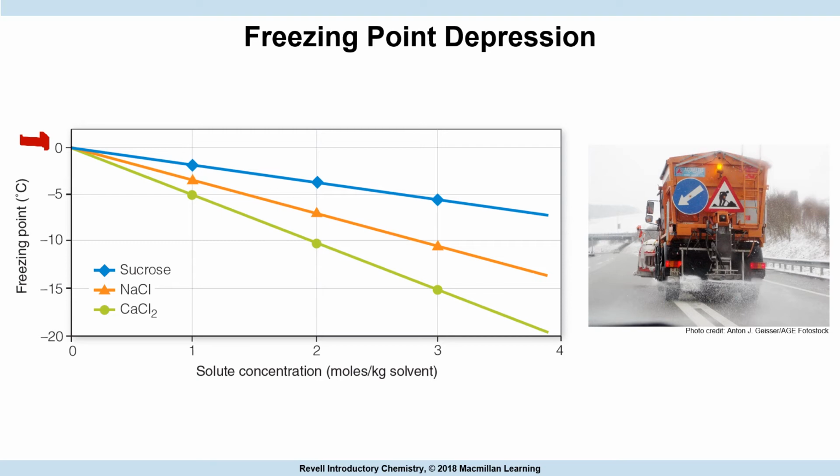Sodium chloride is going to break up into 2 ions, and calcium chloride is going to break up into 3 ions. Okay, so that would explain a bit that we have more ions present. The higher concentrations of ions, the lower the freezing point is, or the better the freezing point depression is.